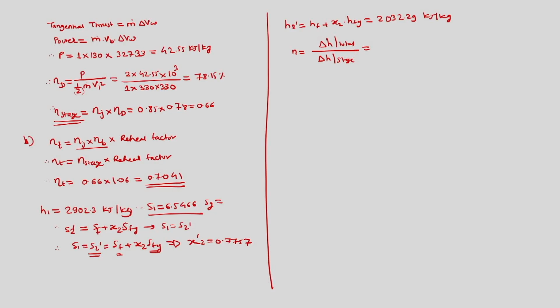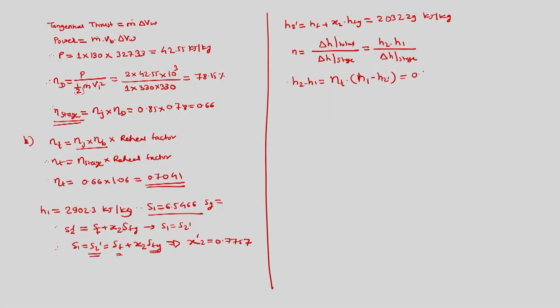So delta H total is equal to H1 minus H2 divided by delta H stage. Here H1 minus H2 is equal to turbine efficiency into H1 minus H2 dash.